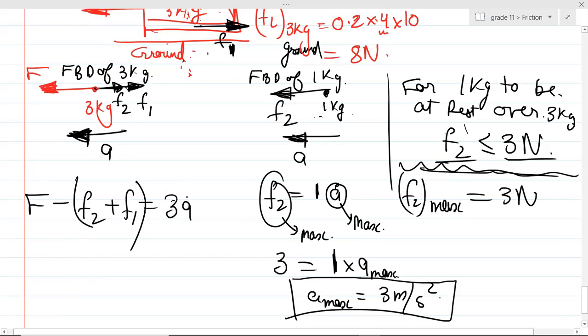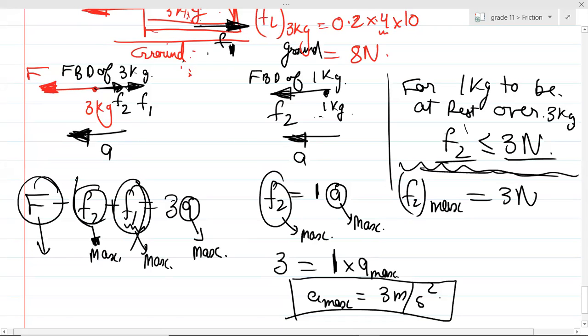Now tell me this particular thing. When A is the maximum, F2 is the maximum. If this F1 also becomes maximum, will this F become maximum? Are you getting my point, guys?